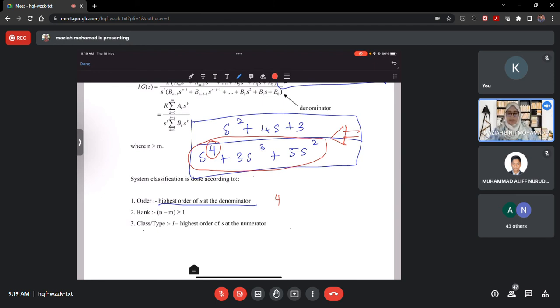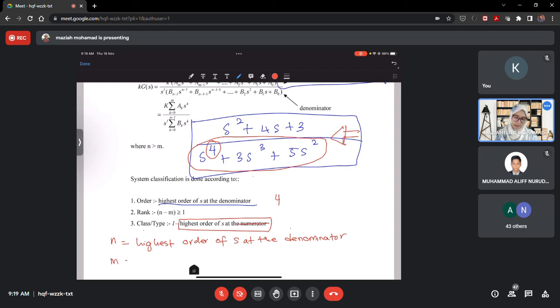What is n and what is m? n is the highest order of S at the denominator, which is the order just now.